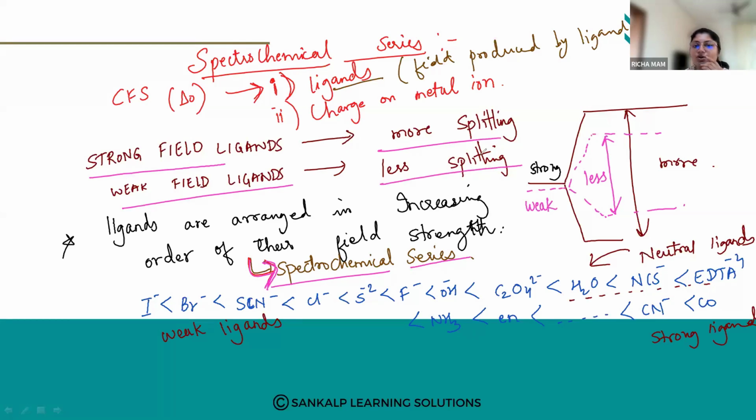If it is a strong field ligand, the pairing takes place at the bottom only, first the pairing takes place at bottom, then the remaining electrons will occupy the upper orbitals. If it is a weak field ligand, first the five orbitals will be filled singly, and then the pairing will take place. Okay, any doubt?